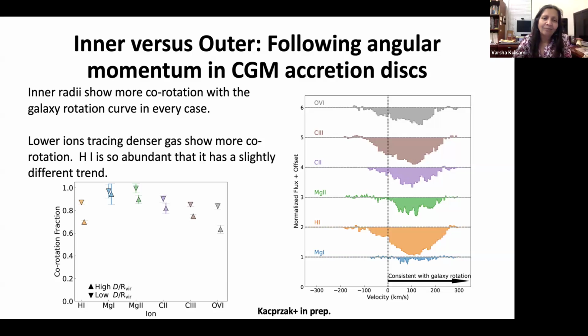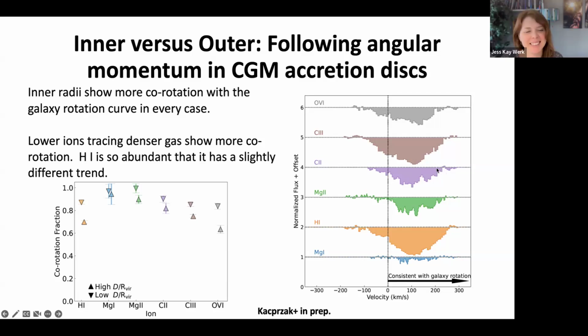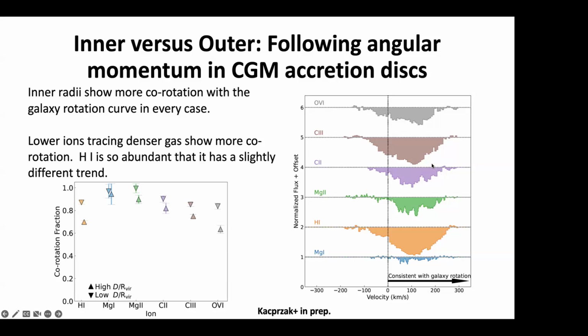Sure. Looks like Anna's up next. Yeah, hi Ben, thank you for your talk. Since you were on this slide, I'm not a UV expert, so I'm not 100% sure what you're measuring here, but in X-rays for the Milky Way, we have hints of this similar co-rotation with similar velocities.